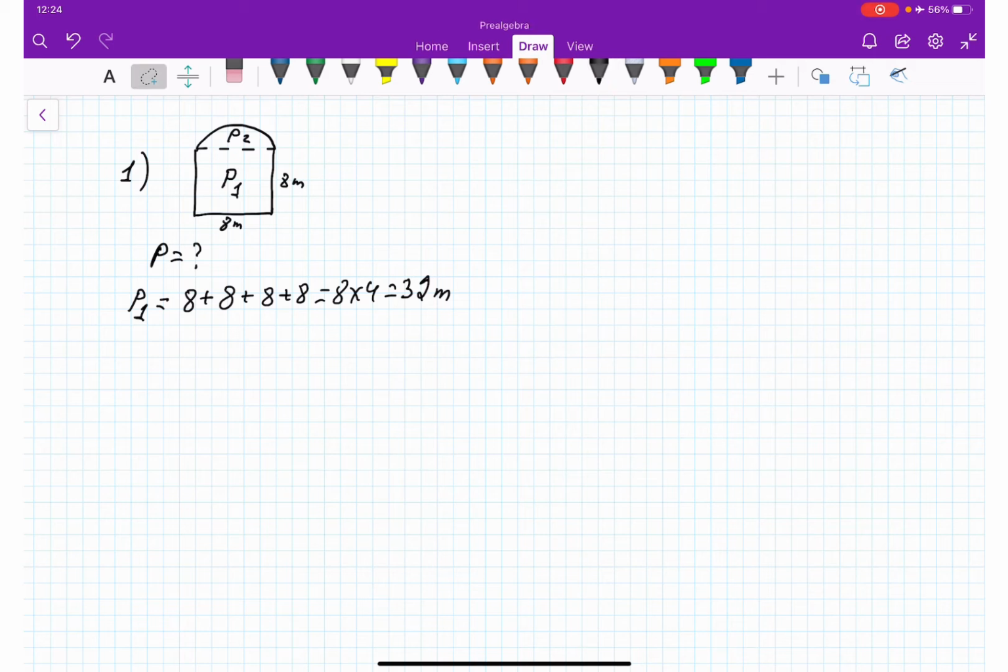Next, let me clean this since I showed you and make it nicer looking. There we go. 32. Next, we need to find P2, the perimeter for the circle. The perimeter for the circle is the circumference, which is equal to pi r.